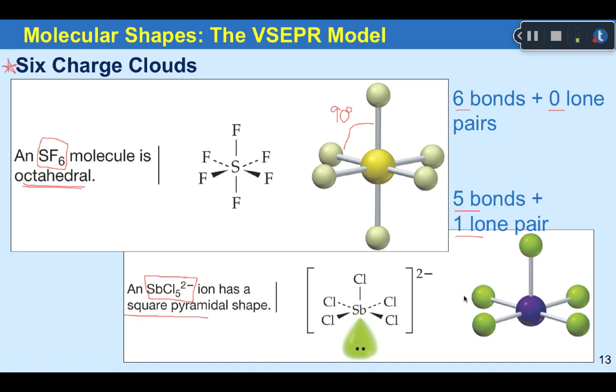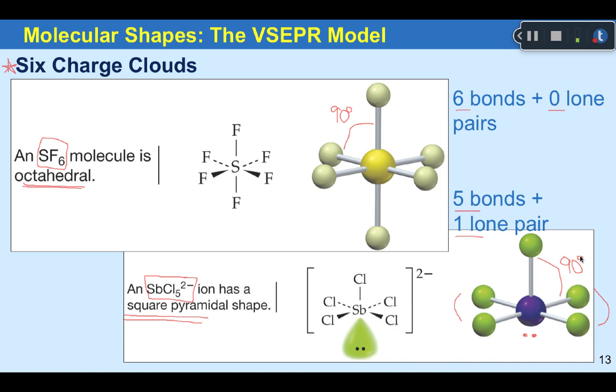In other words, those 4 chlorines around the bottom of this diagram become a square, and the remaining one is at the top, and just a lone pair at the bottom does not show in the actual molecular shape. The molecular shape now is called a square pyramid, but the angles are still going to be based on the octahedral electron clouds, 90-degree angles between the chlorine, antimony, and chlorine portions.